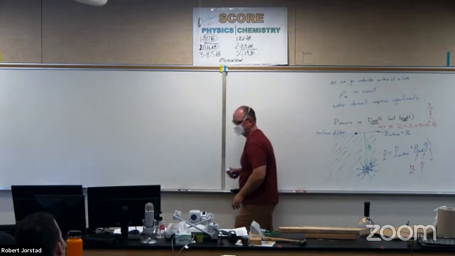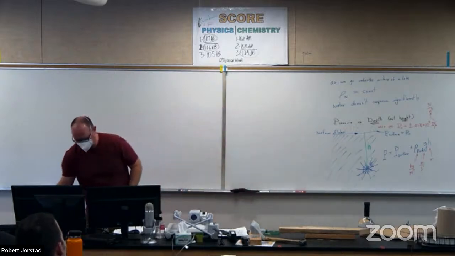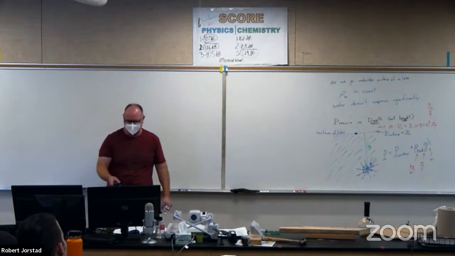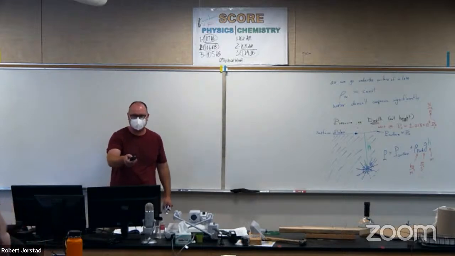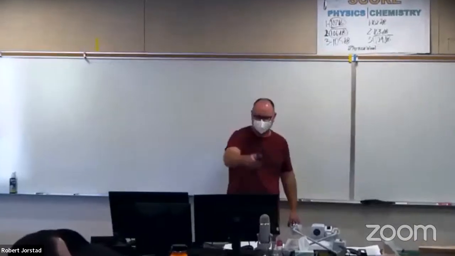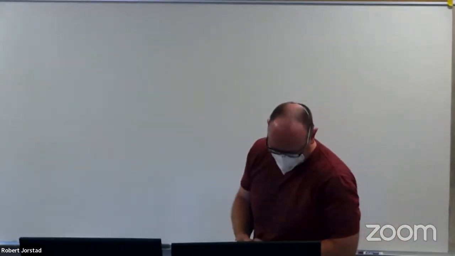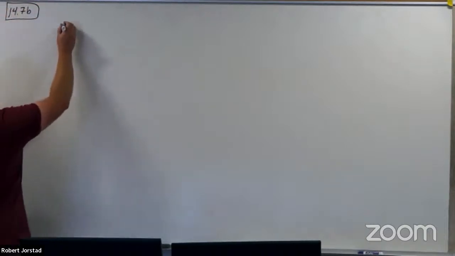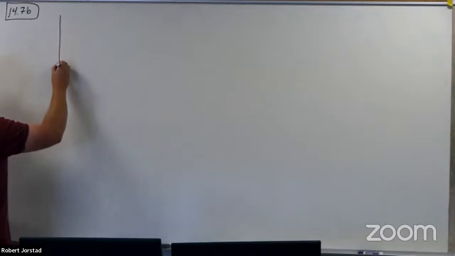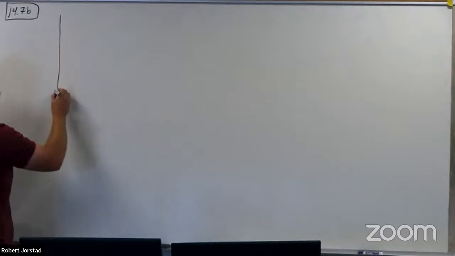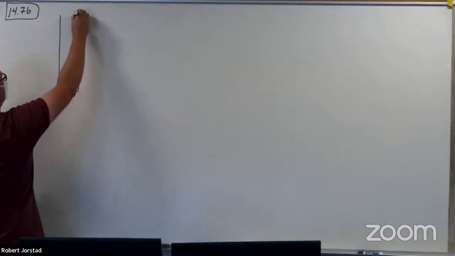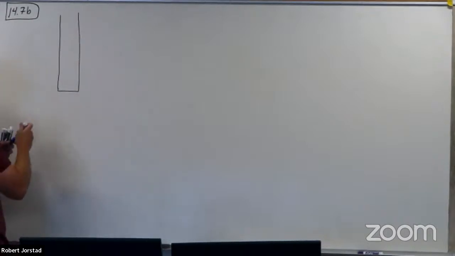All right. Let's go to, come on. All right. So I want to skip to 14.7b, I think. In this problem, we have a container here. And I believe there's going to be some water in it.